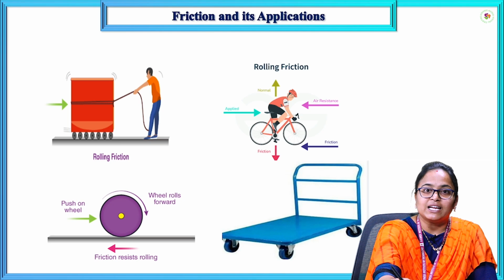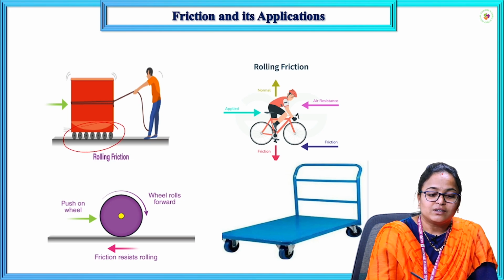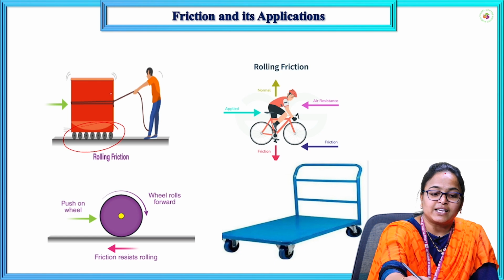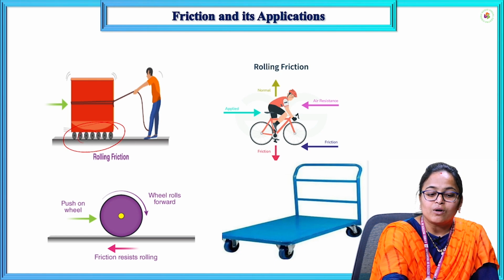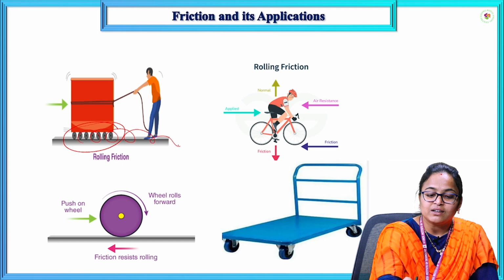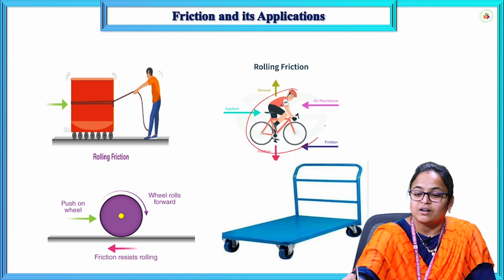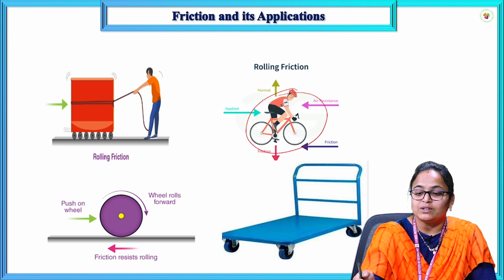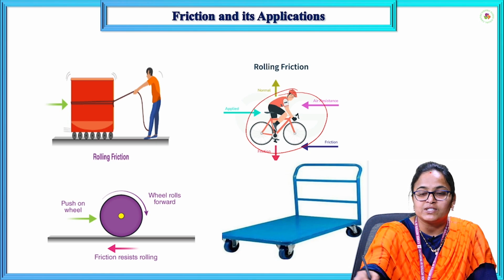Coming to the real-time examples, if we observe the wheels attached to this block, these wheels are rolling like this over the surface or over the floor. Coming here, this is a very common example, that is cycling or bicycling or car movement on the road surface.